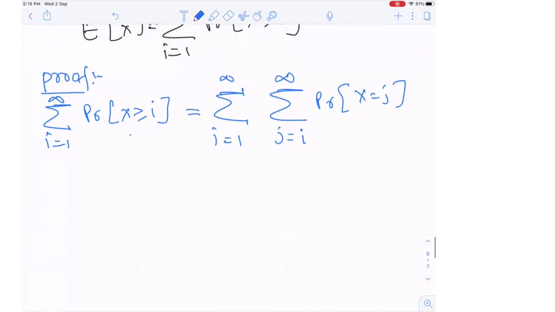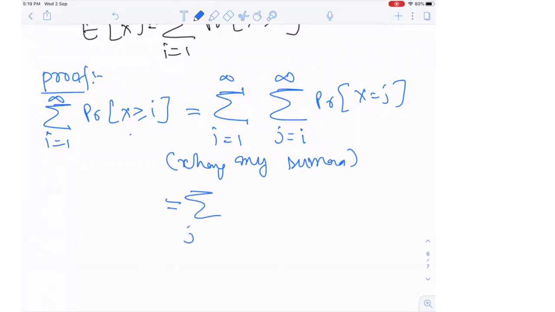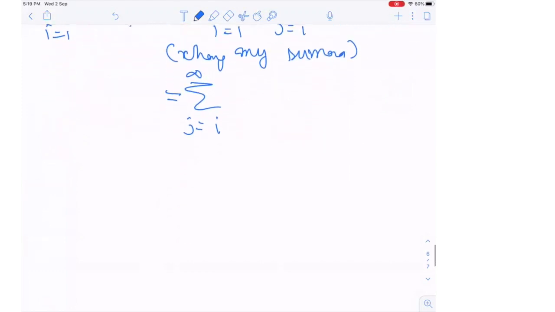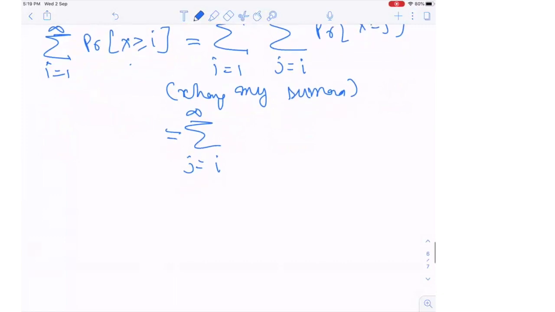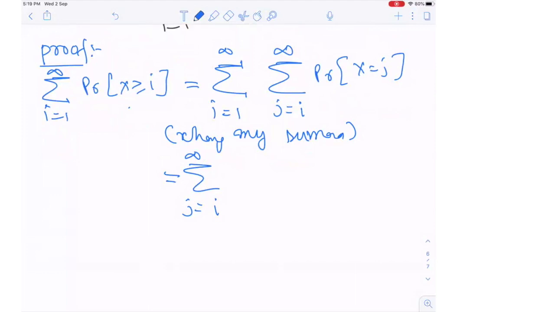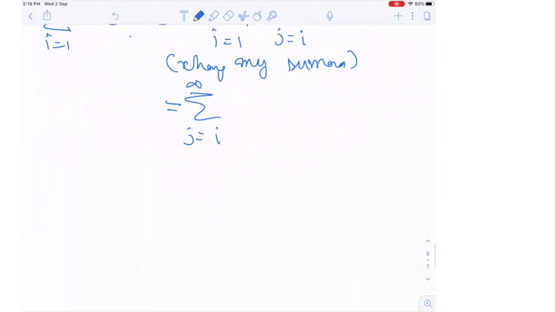Now, what is this first sum? Think of it as changing the summand: how many times do I get each term? For j equal to 1, how many times do I take x equal to 1? When i is 1, you take 1, 2, 3, and so on.